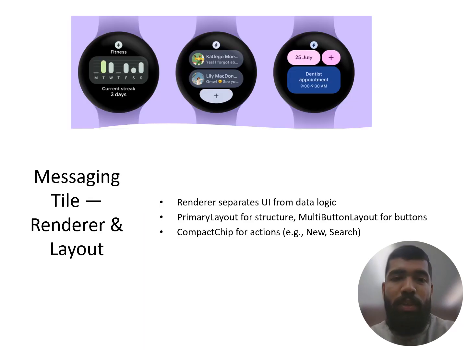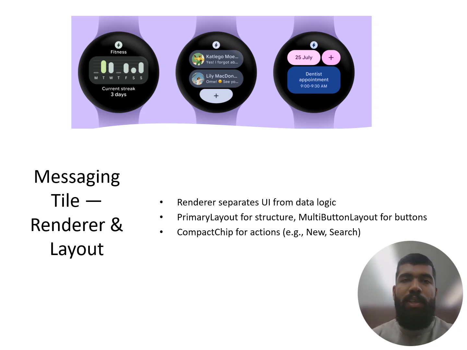Let's discuss the messaging tile and its rendered layout. The messaging tile uses a rendered layout to separate the UI, which is the user interface code, from the data. Inside, we build layouts with tile materials. The primary layout provides the overall structure, whereas the multi-button layout shows multiple contacts as buttons, and the compact chip adds a primary action, like a new message, that will be shown up on your watch face.